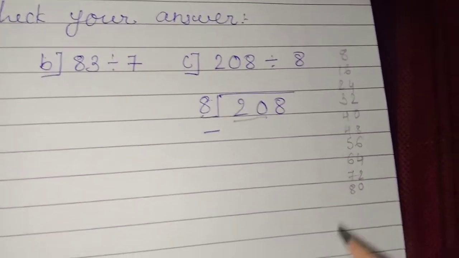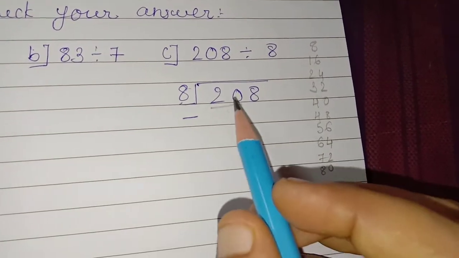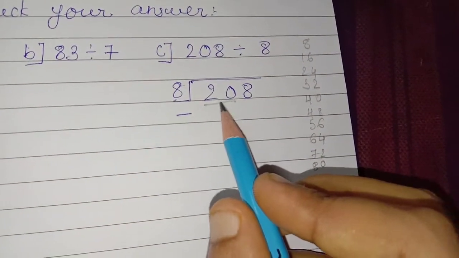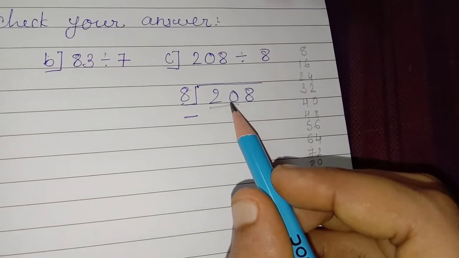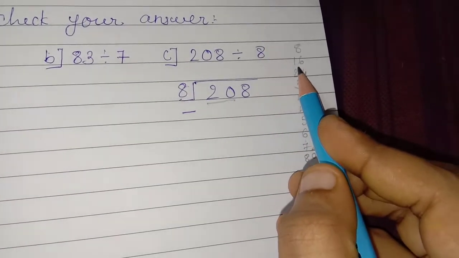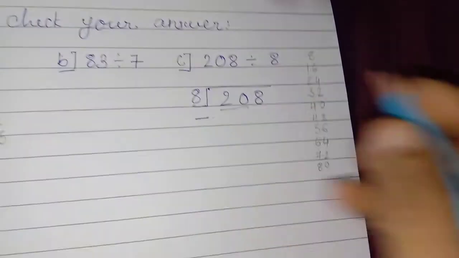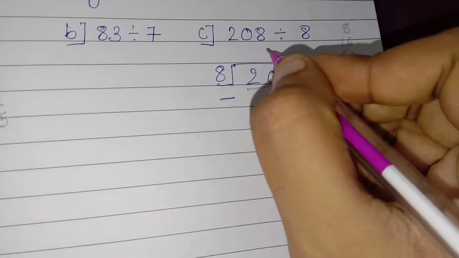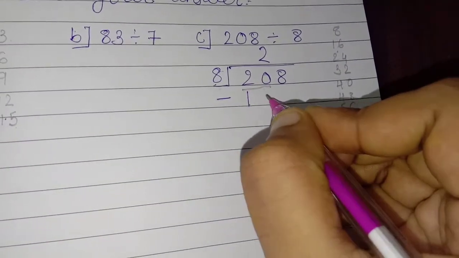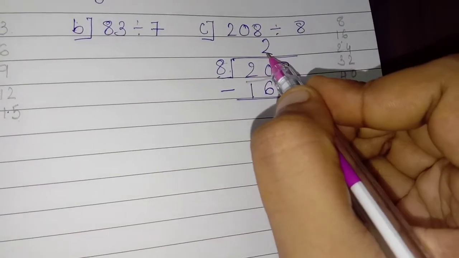Yes, first what do we have to write? The table of 8. Now can you see 20? Is 20 coming here? No. Which smaller number than 20? It is 16. So we are taking 8 2s are 16.